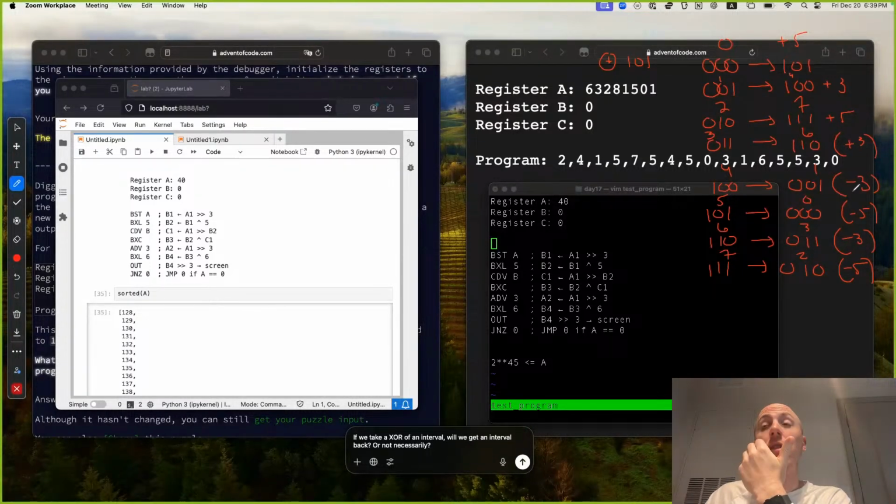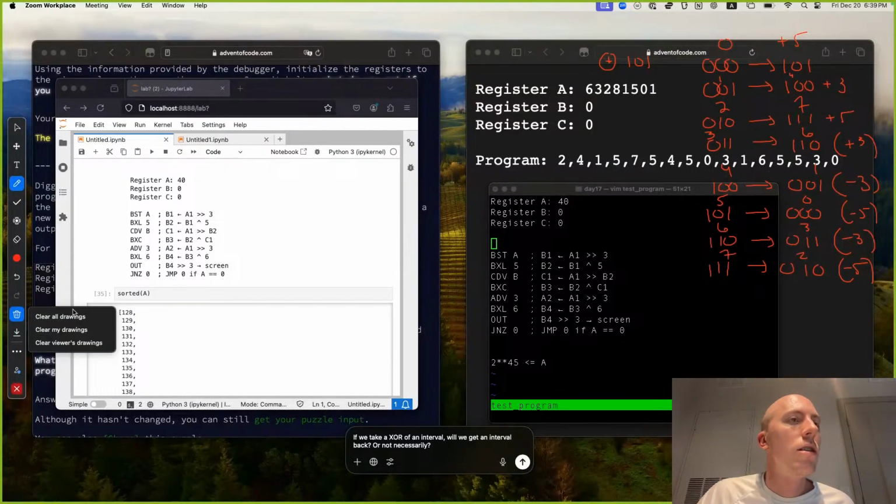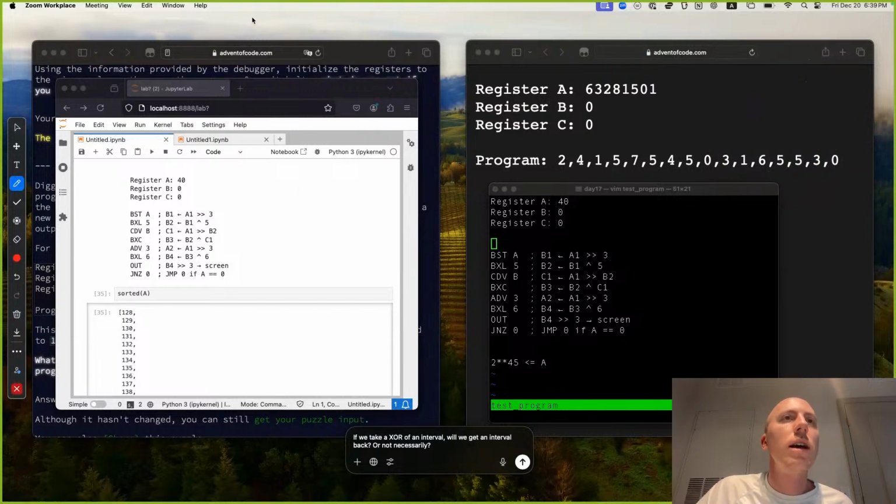Minus 5. So there weren't any minus 1s. It was just 3 and 5 and a minus kind of thing. What about 6? So we got that: XORing with 5 gets you plus or minus 3 or plus or minus 5.